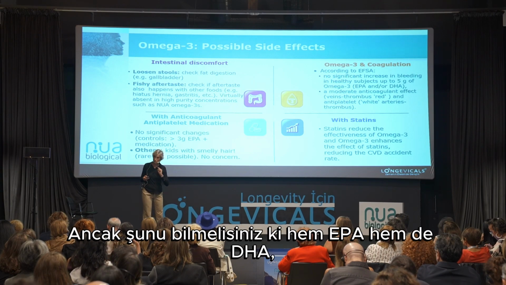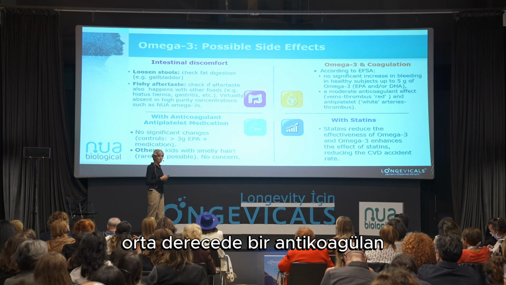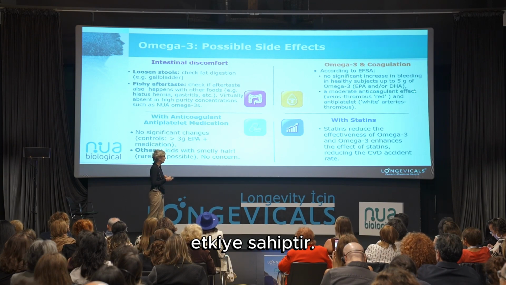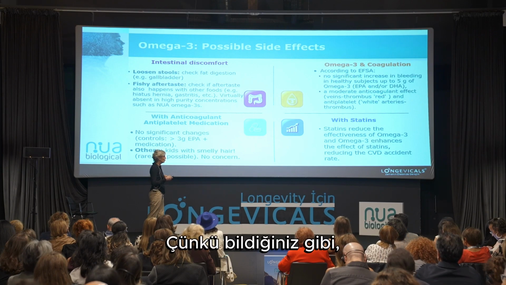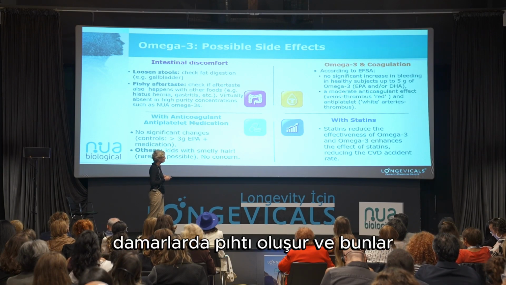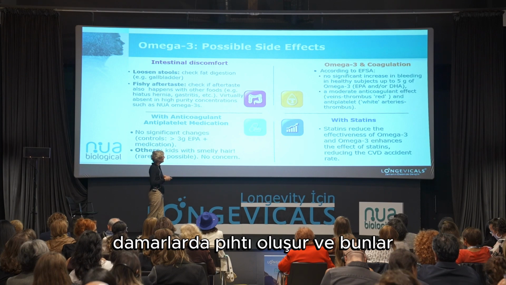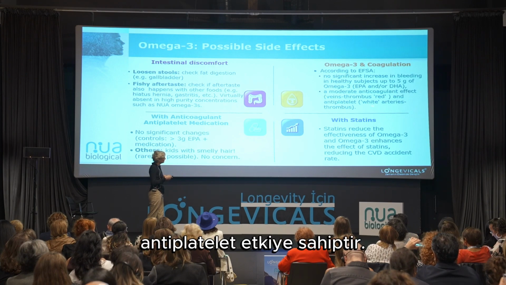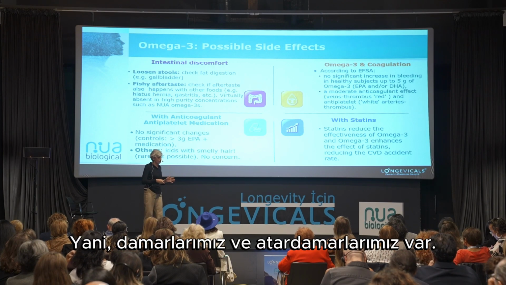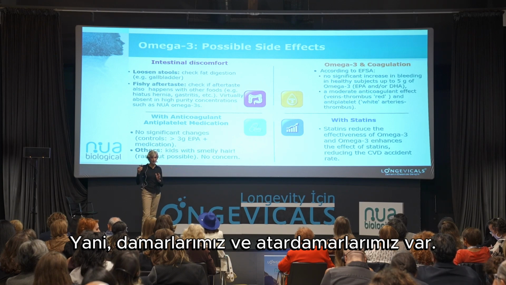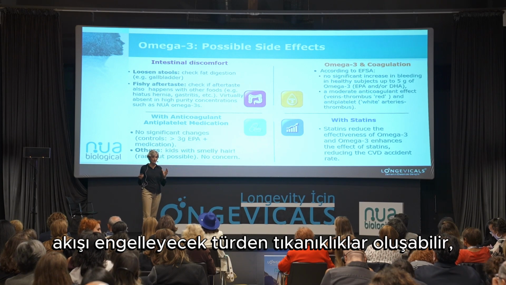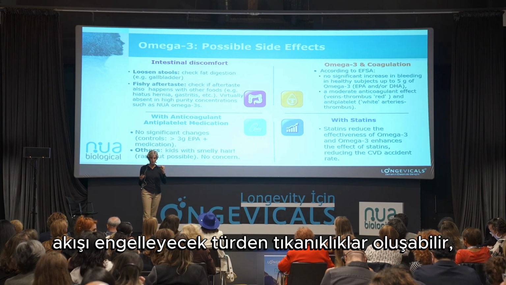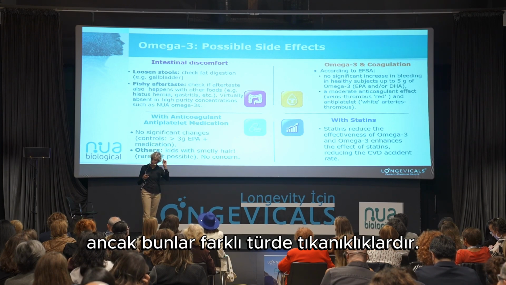However, you should know that both EPA and DHA have a moderate anticoagulant effect, because as you know, clots form in veins, okay, and an antiplatelet effect. So we have the veins and the arteries, and in both places we can get some kind of lumps that are going to block the flow, but they're different lumps.